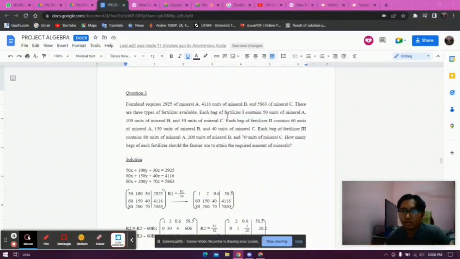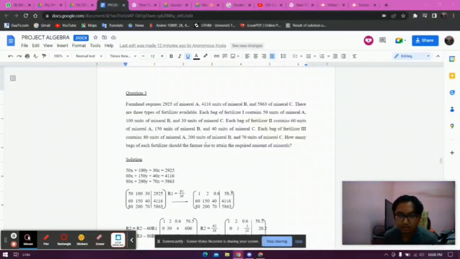Each bag of fertilizer 1 contains 50 units of mineral A, 100 units of mineral B, and 30 units of mineral C. Each bag of fertilizer 2 contains 60 units of mineral A, 150 units of mineral B, and 40 units of mineral C. Each bag of fertilizer 3 contains 80 units of mineral A, 200 units of mineral B, and 70 units of mineral C. So the question is, how many bags of each fertilizer should the farmer use to attain the required amount of minerals?